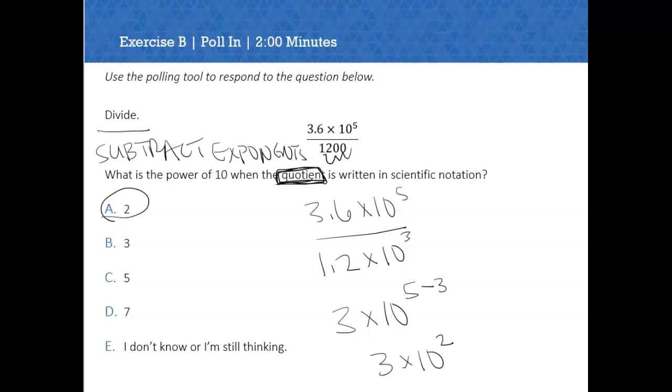So it told us to divide this, and then it wanted us to know what's the power of 10 of the quotient. So to divide when you have exponents, the scientific notation, we need both of these in that scientific notation, which is what we did here. Then we divided the 3.6 divided by 1.2. And then to divide these exponents, we subtract the exponents.